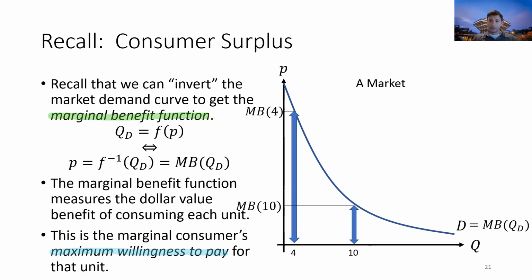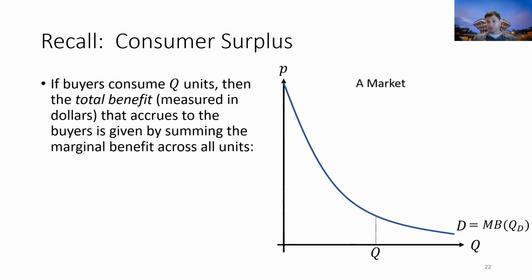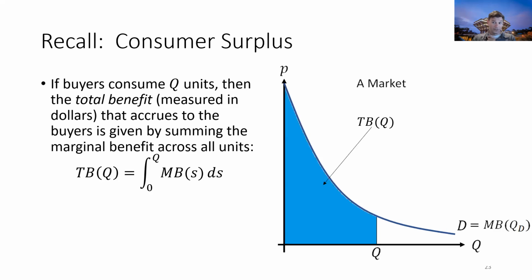Now, consumer surplus. The way we're going to think about this, if the buyer consumes Q units, is we could compute the total benefit by adding up those marginal benefits. That's the total benefit. But this is not the consumer surplus because we still have to subtract out what?